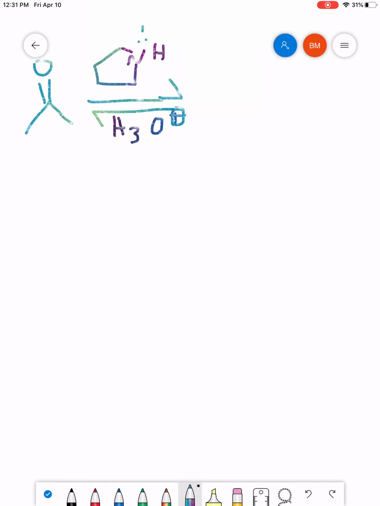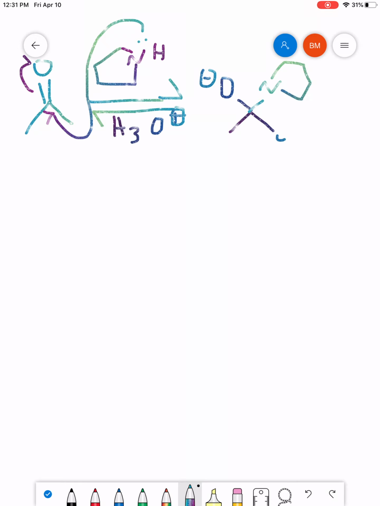So you're going to have a nucleophilic attack on the nitrogen, on the carbonyl carbon. You're going to move a pair of electrons up. Get your negative oxygen. Your positive nitrogen. Proton transfer.